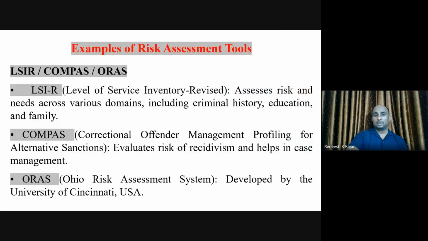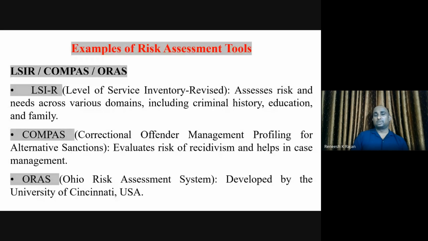Okay, now we go to the examples of risk assessment tools. Here we have LSI-R, COMPAS, and ORS. These are some of the tools. The Level of Service Inventory-Revised assesses risk and needs across various domains, including criminal history, education, and family.